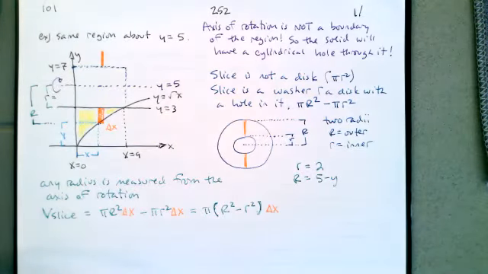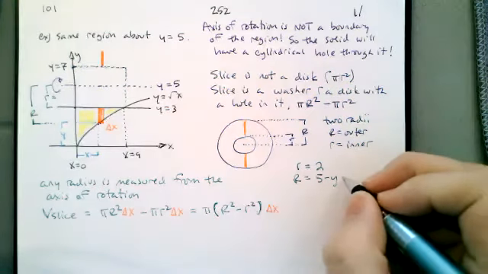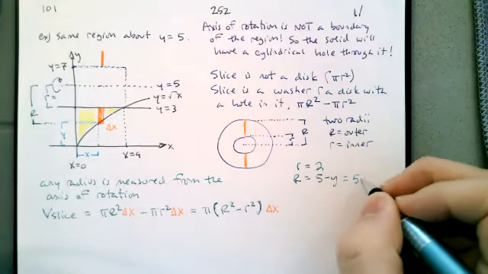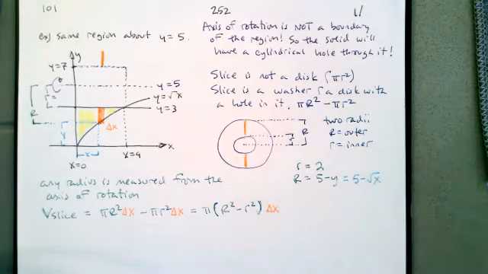But this is a delta x problem, so I have to trade my y for an x using the function, just like we did before. So the big radius will be 5 minus the square root of x. I have an expression for the big radius in terms of x, and for the little radius in terms of x. It was constant, so that was pretty easy.